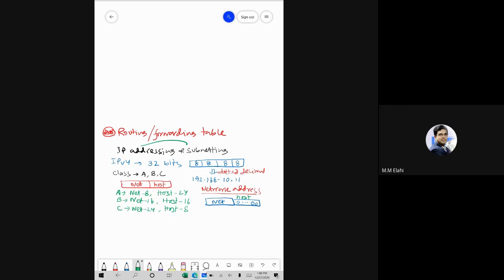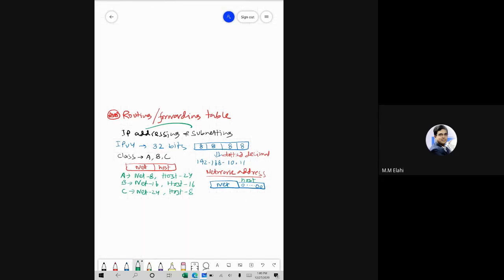IP address is 32 bits represented as a dotted decimal, but all calculations are done in binary. And then there are three classes from which we get IP address. And then whenever we get an IP address, if we put 0 in the host part, now how many bits are host? That must be defined. If you put zeros in host part, then the resulting address will be a network address. Okay, so this should be fine up to now.